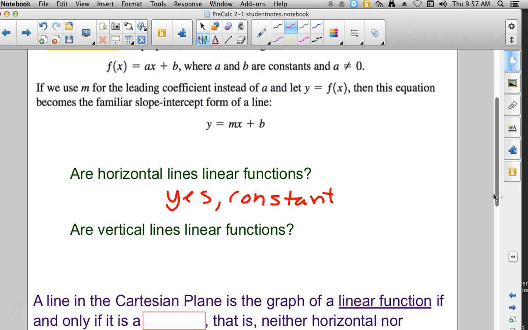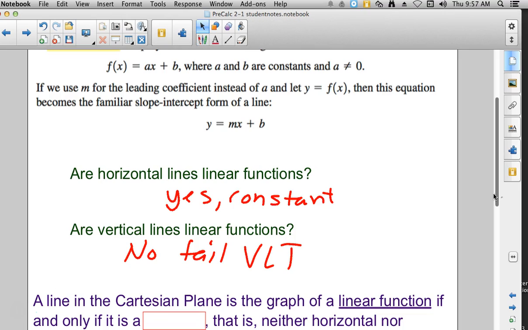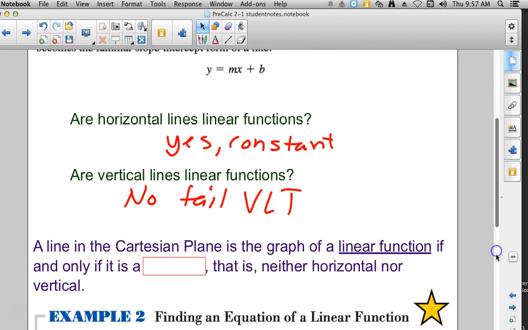Vertical lines? Are vertical lines functions? Why not? They're going to fail the vertical line test, aren't they? Because they're vertical lines. So no, they fail the VLT, vertical line test. So horizontal lines are functions. All is good. Vertical lines, no.